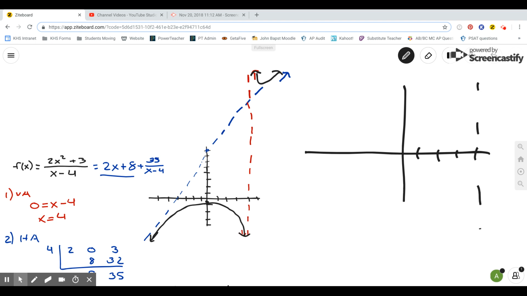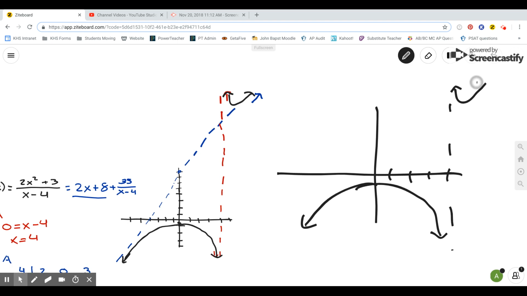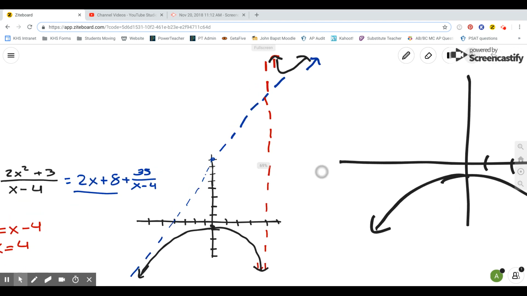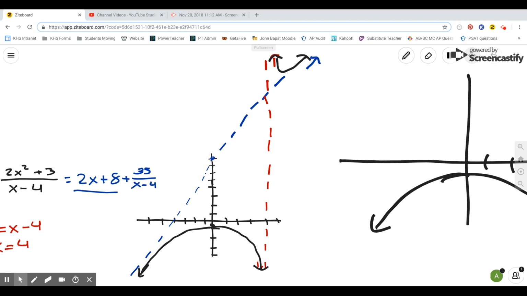So basically I'm getting this awkward upside down parabola, and then I'm getting this shape right here up in the corner. It's pretty interesting. Let's zoom back to that more accurate graph that we have right here. The slant asymptote definitely controlled this graph for us. So it's important that we find that slant asymptote when making a more accurate sketch.